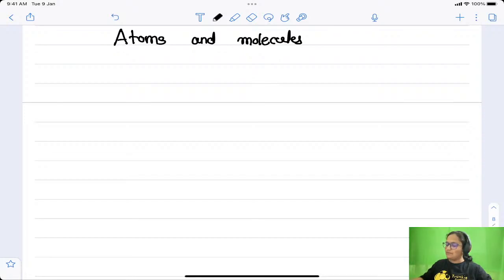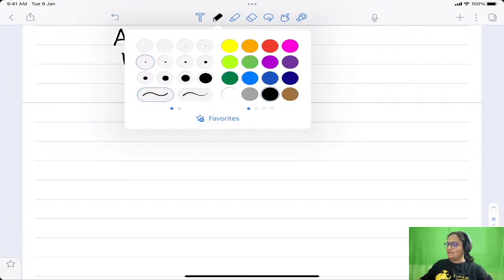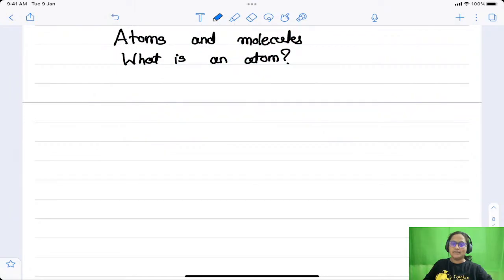The name of the topic for discussion is: what is an atom? Okay, just before that, let's have a quick recap of yesterday's session.